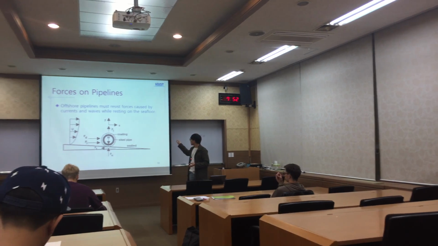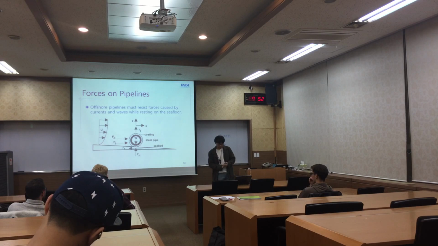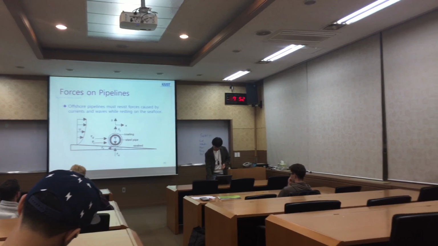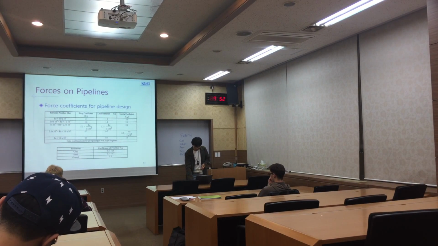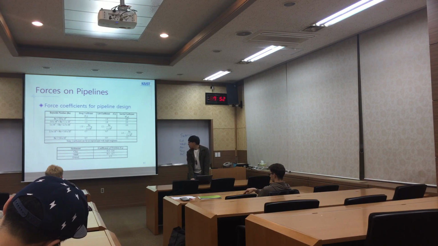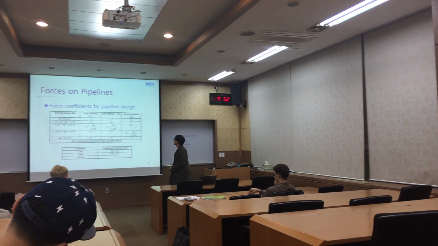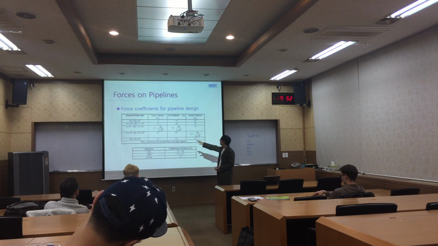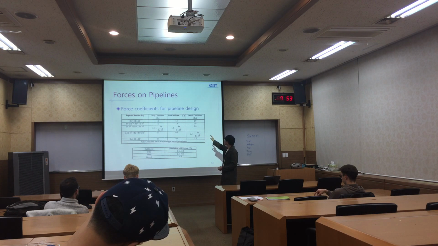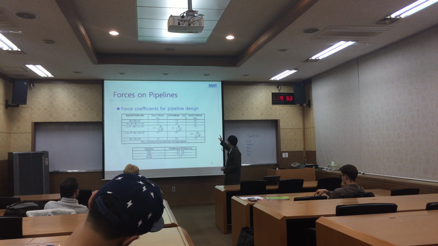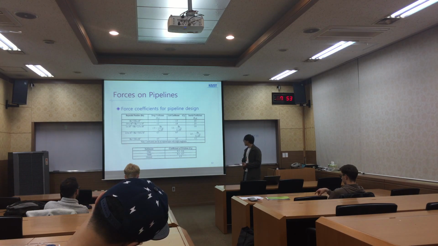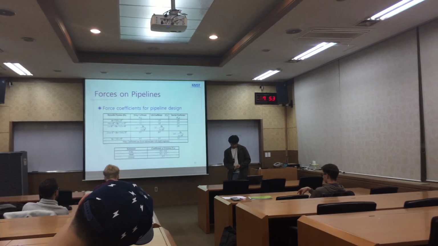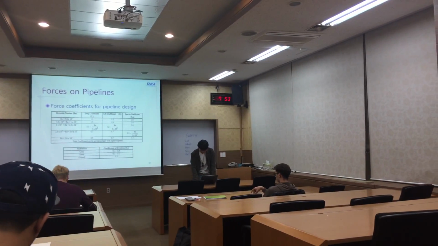So the x-axis and y-axis. So this is some table. According to the Reynolds number, we can see the drag coefficients, lift coefficients, and inertial coefficients.